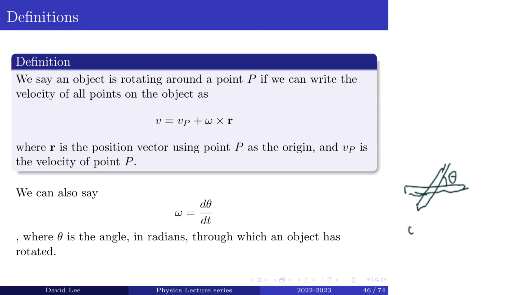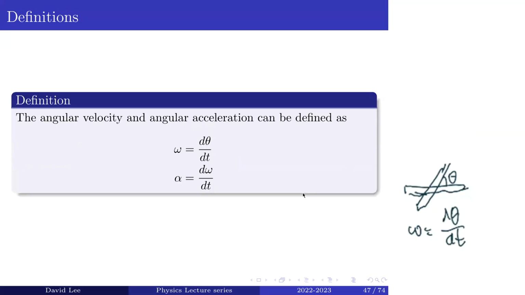And then our angular velocity is just going to be d theta dt. And this is measured in radians per second, of course. And similarly, we can also define angular acceleration alpha, which is just d omega dt. And if you notice, this is very similar to the definitions of velocity and linear acceleration.